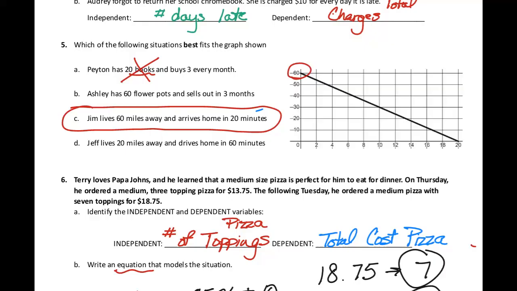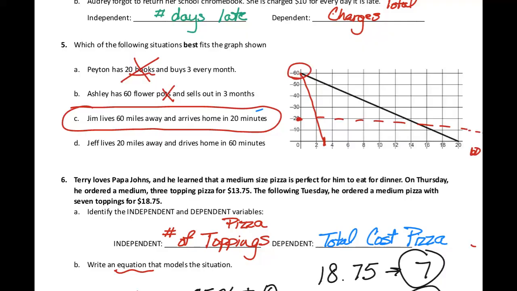Ashley had 60 flower pots and sells out in 3 months. Well, if that was the case, at 3, that would be a line going like that, for letter B, which is not appropriate. Jeff lives 20 miles away and drives home in 60 minutes. So those are reversed. His would be 20, and it would go out here to 60.